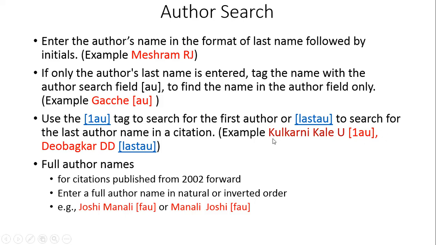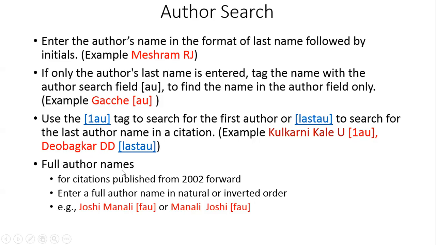Such a query would search the database for the author name Kulkarni Kale U at the first position. If you want to search how many articles are published by the author Deobakar DD at the corresponding author's position, you would search with the tag last AU.